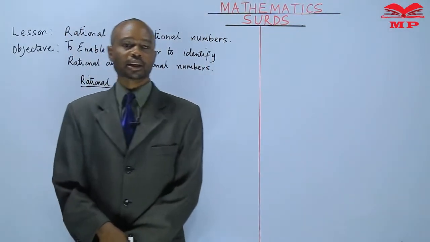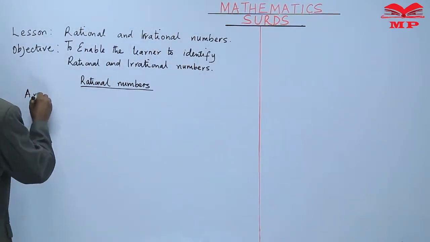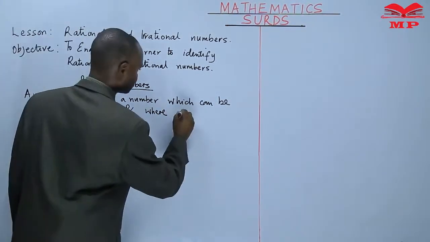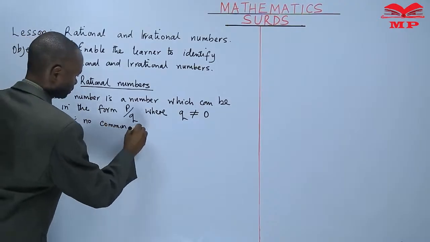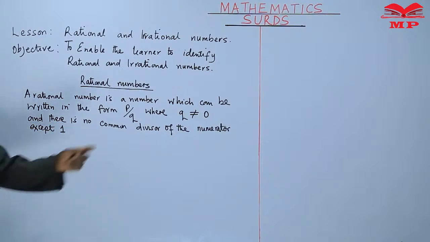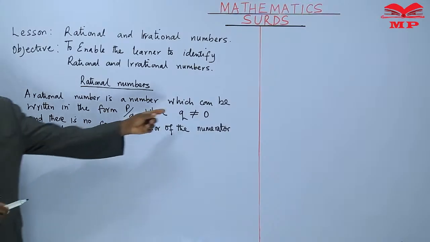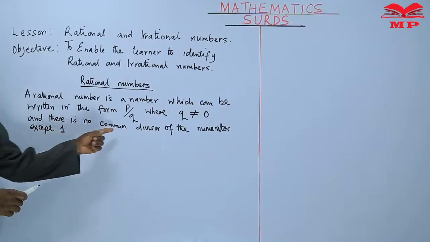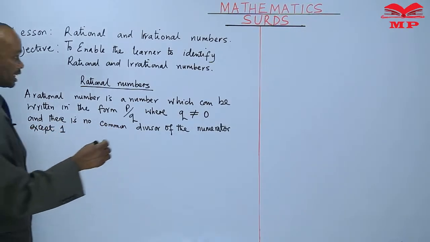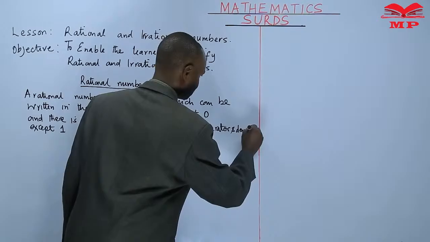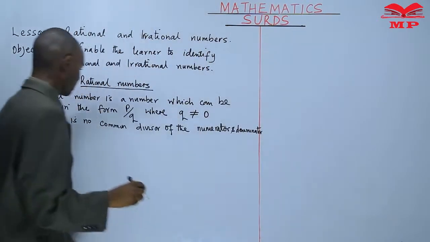So a rational number is a number which can be written in the form of P divided by Q, where Q is not 0, and there is no common divisor of the numerator and denominator except one.